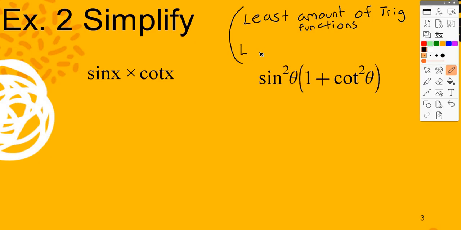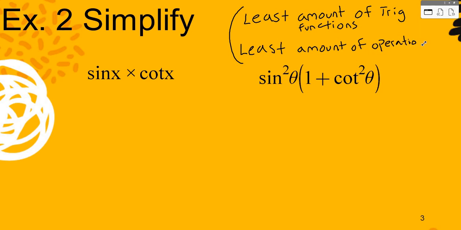And then we also want the least amount of operations. Because again, we're trying to start with something that's a little bit bigger and make it into something that is smaller or not as complicated.